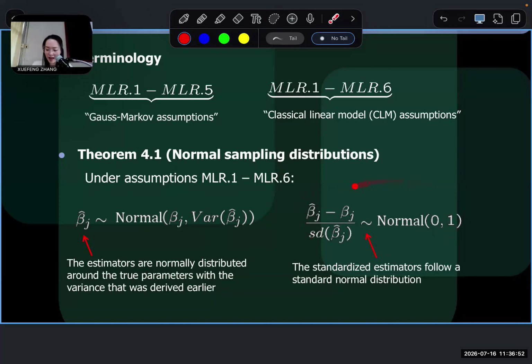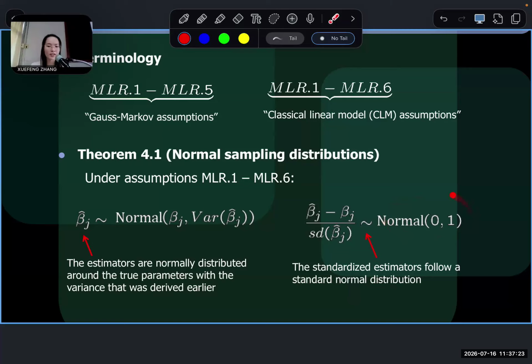Second formula, standardize it. So we subtract the mean and divide by the standard deviation, and you get a standard normal, which means the mean is 0 and variance equals 1. I remember in your statistics, right, you need to transform the normal distribution to the standardized normal distribution, okay?